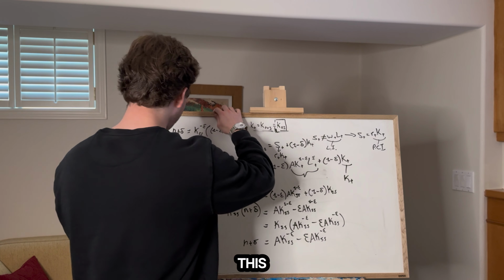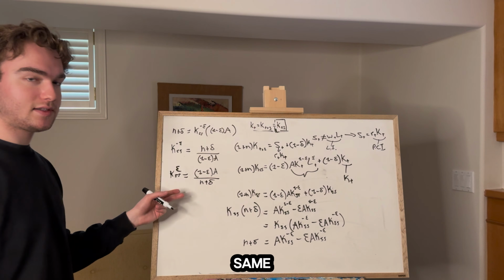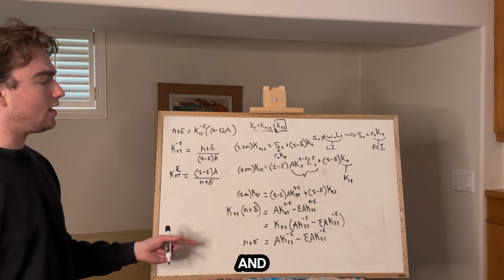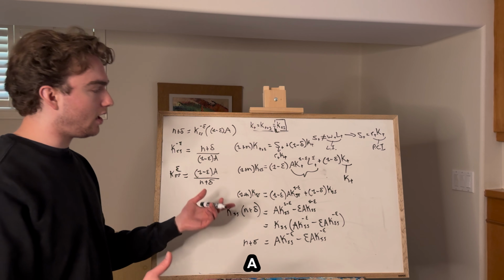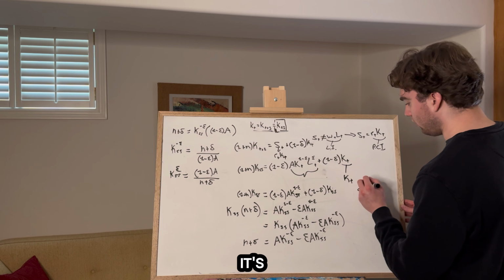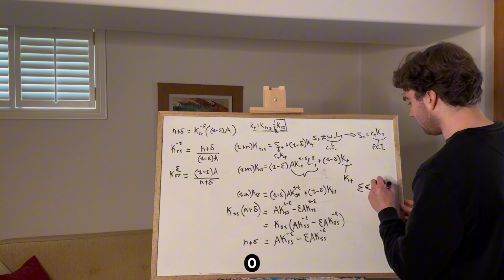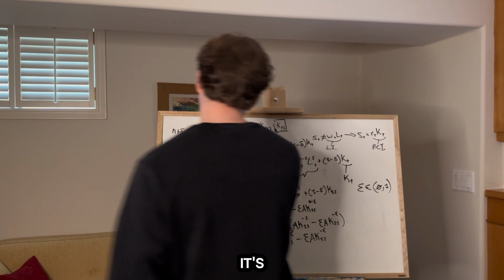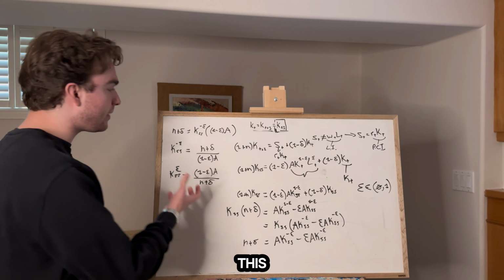Guys, this looks the exact same, but now this is the only thing that's changed. And you need to remember that epsilon is a parameter, between 0 and 1. Kind of plays out like a probability, right? It's out of 100%. So this makes perfect sense.